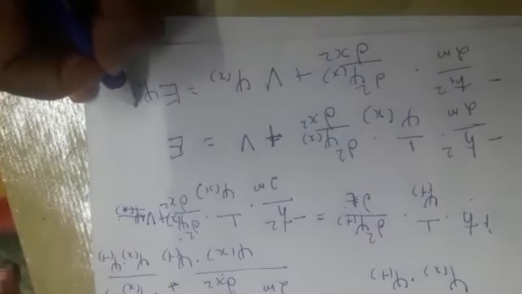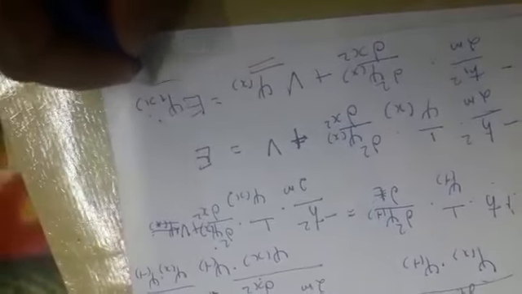This equation is known as the Schrodinger time-independent equation. This is the time-independent equation, equation number 8.